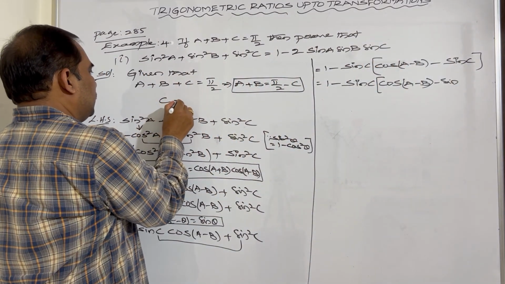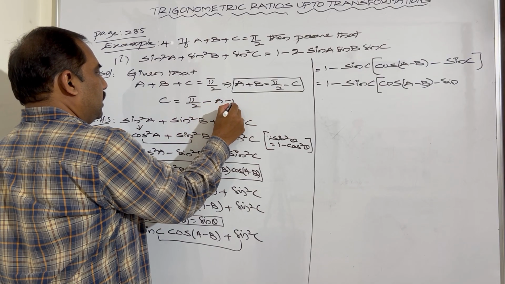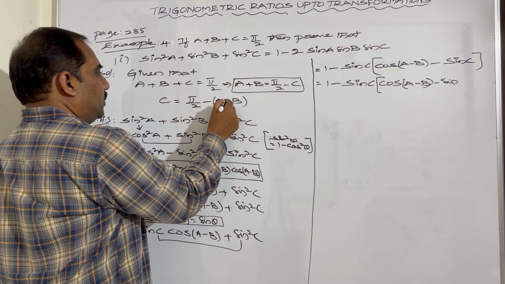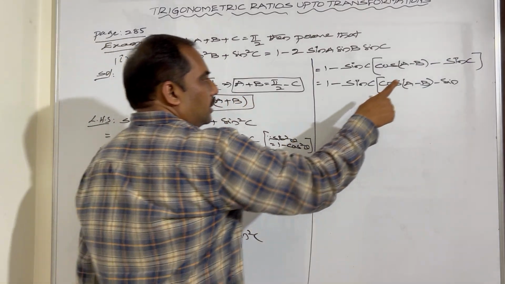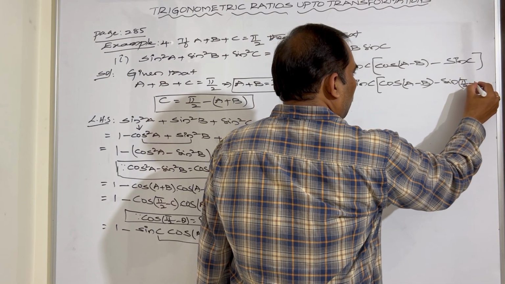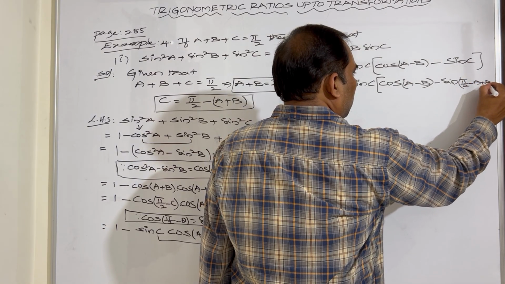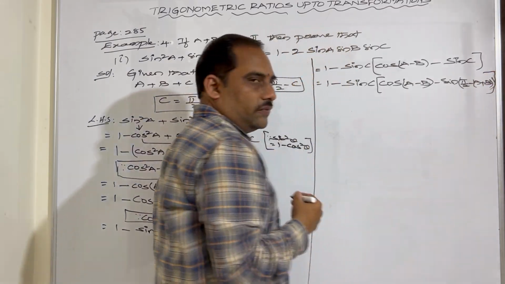See here, c is also equal to 90 minus a minus b, and further it can be written as 90 minus of a plus b. So here c can be replaced by 90 minus of a plus b.